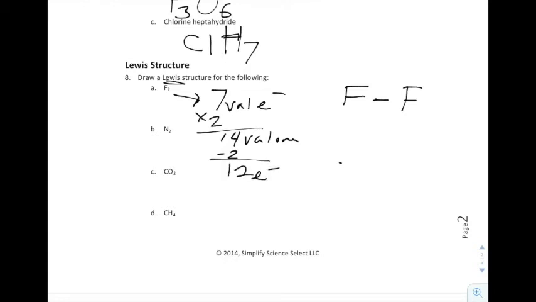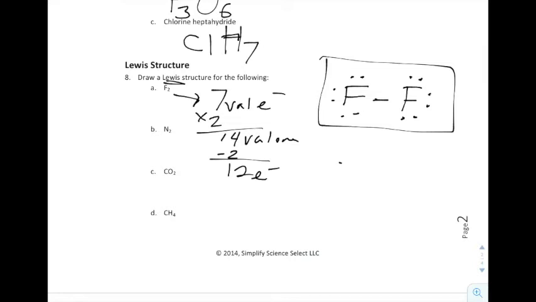This fluorine needs 1, 2, 3, 4, 5, 6, and this fluorine needs 1, 2, 3, 4, 5, 6. So 12 valence electrons is enough to satisfy this, so this would be my Lewis structure. You'd have 3 pairs of electrons on each fluorine, connected with a single line representing a shared pair of electrons.